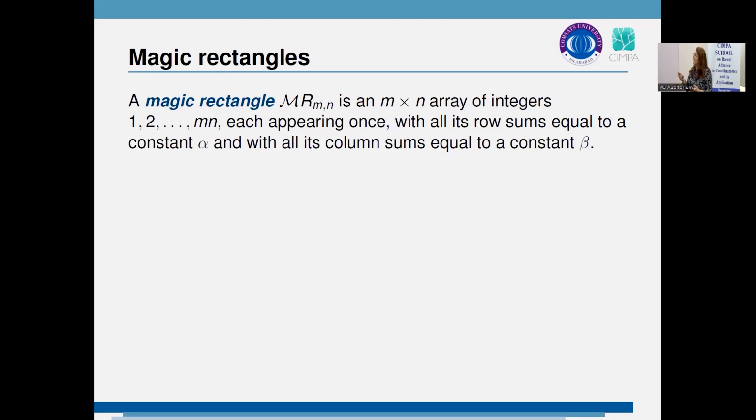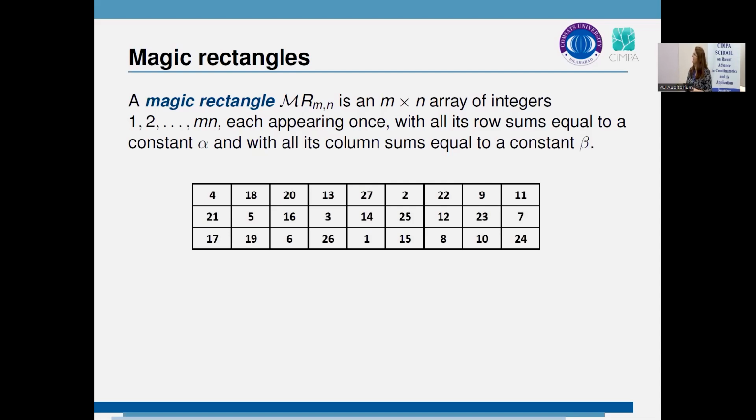And how can we do it? For example, here we have a magic rectangle with 3 rows and 9 columns. You can check the sums in every row and every column, and you can see that these sums are constant.